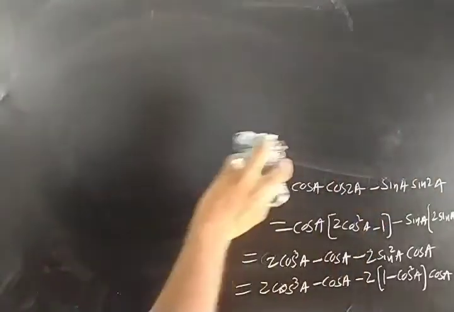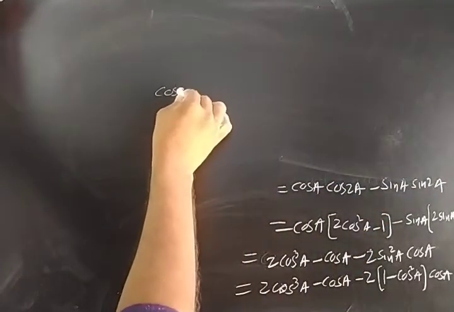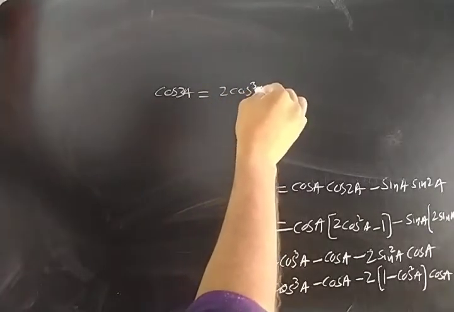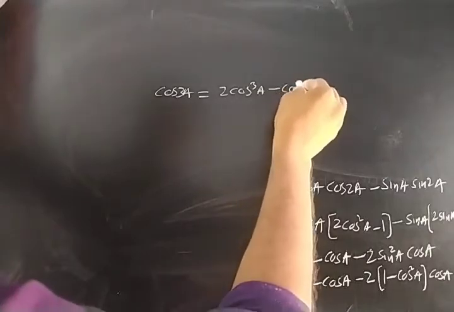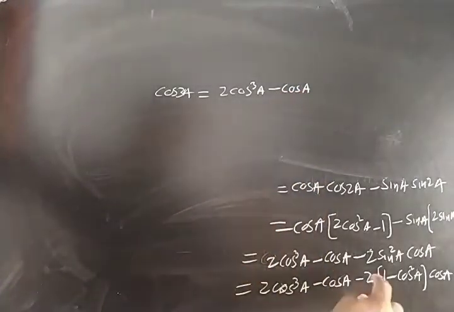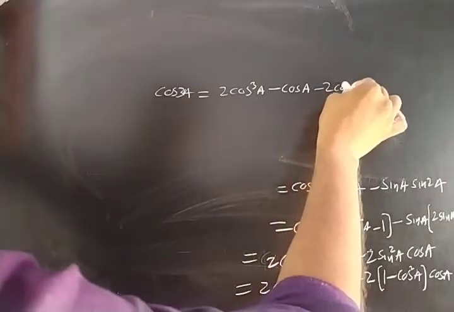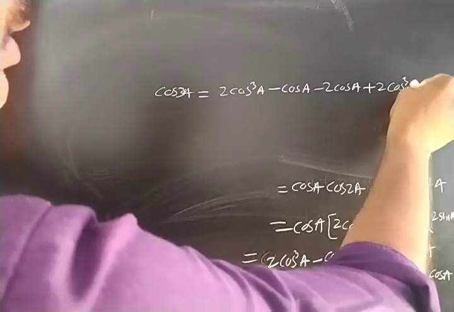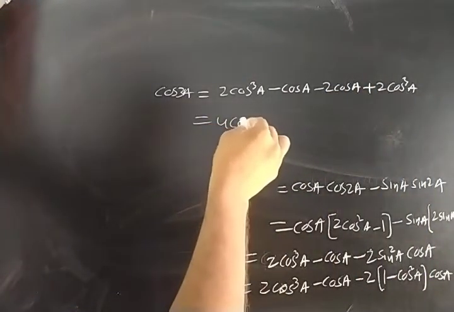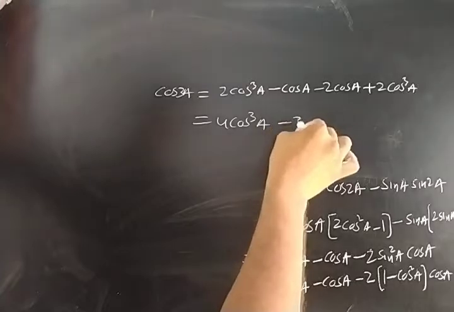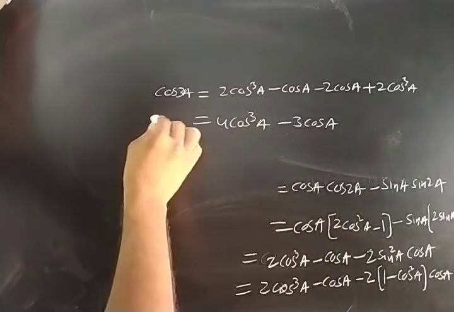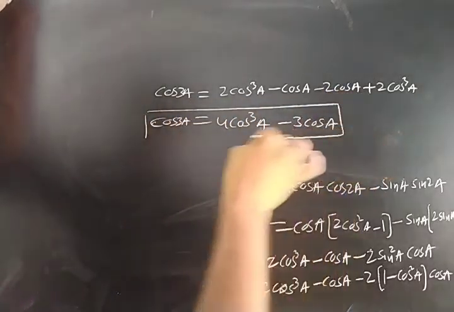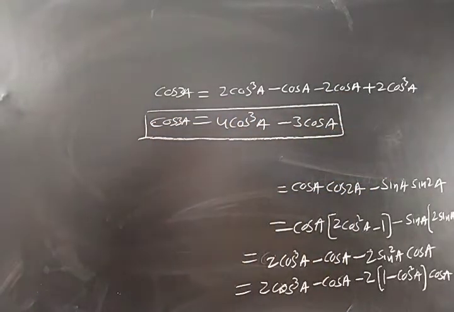Now simplify. By simplifying we get cos 3a equal to 4 cos cube a minus 3 cos a. So this is the cos 3a formula.